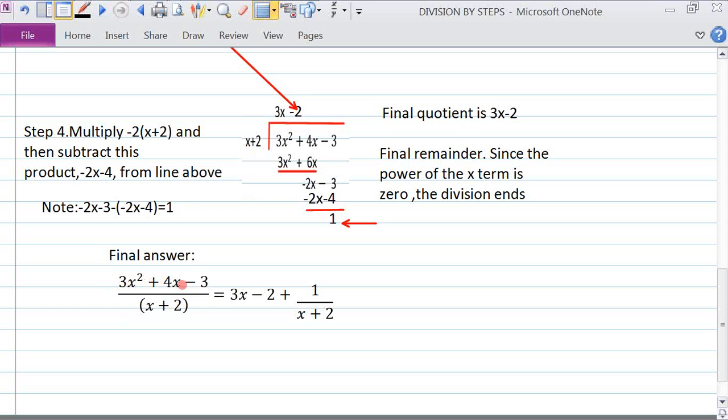So the answer to this problem is, if we take this and divide it by this, we get 3x minus 2 right here, and we have a remainder of 1 over x plus 2. So that gives us a way of looking at the problem in a stepwise fashion.